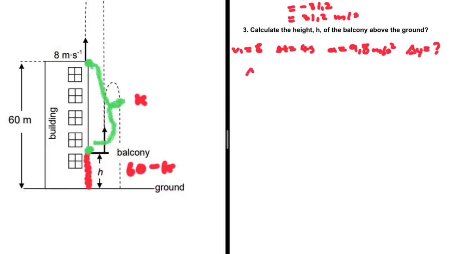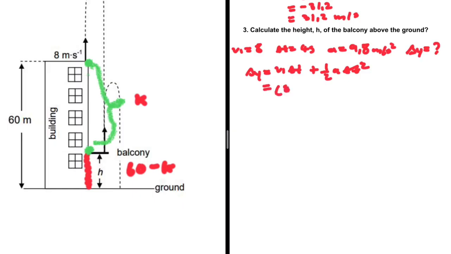Well, we can say that delta y is equal to Vi delta t plus a half acceleration delta t squared. But because we have Vf in the equation we just solved, you can also use Vf squared is equal to Vi squared plus 2a delta y. But let's carry on and just use this one.